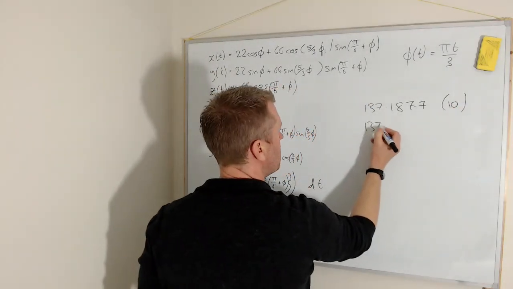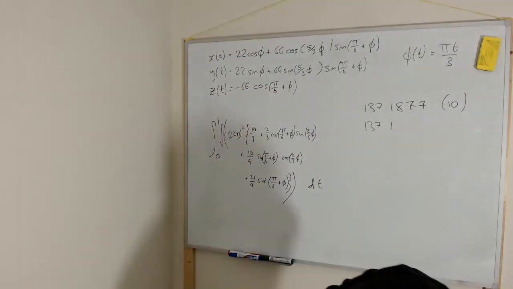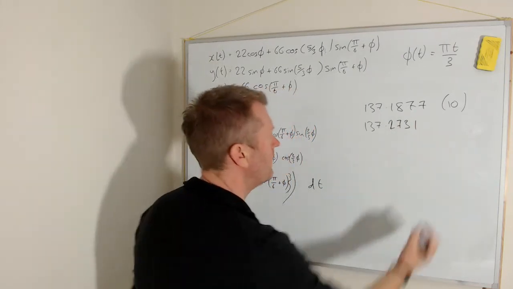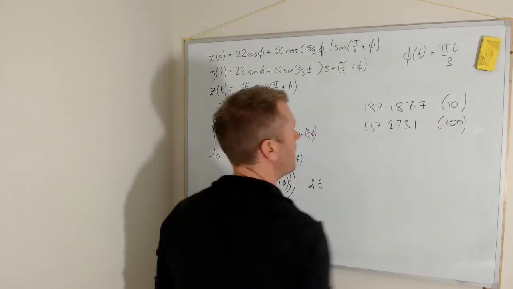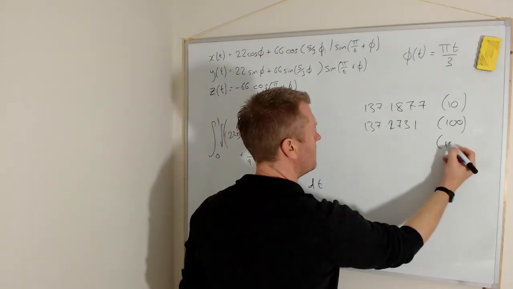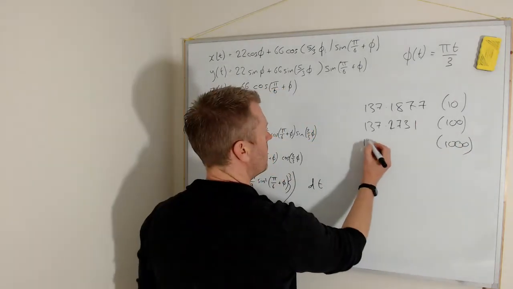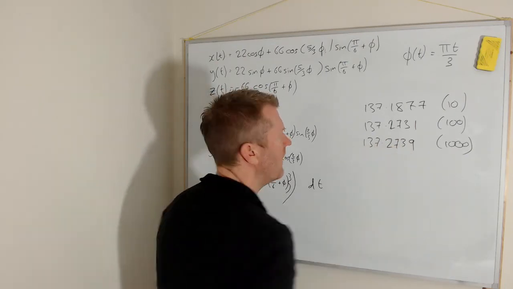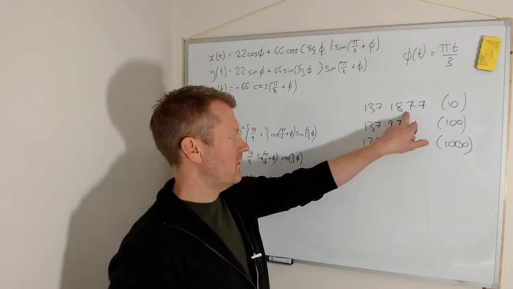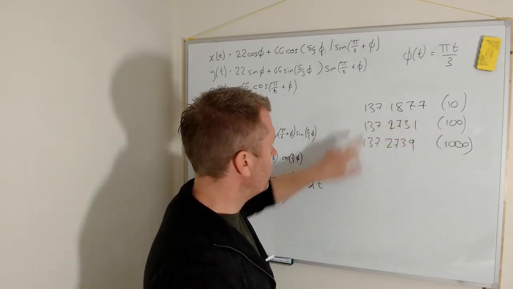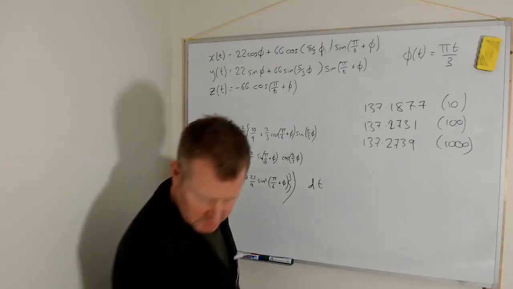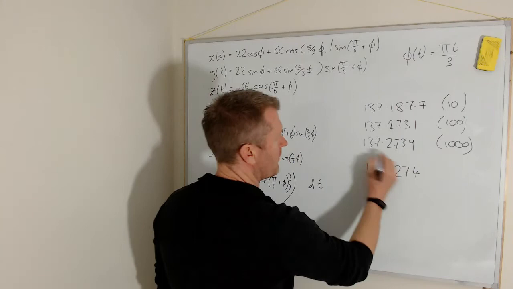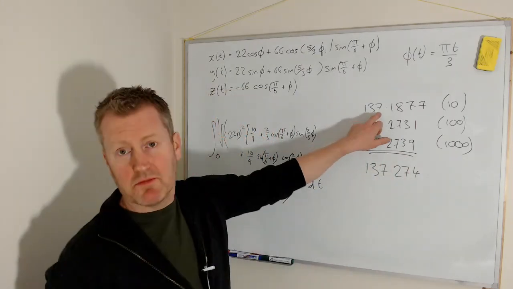With 100 trapezia, you get 137.273. With 1,000 trapezia, you get 137.2739. So yeah, this is accurate enough for our needs. Wolfram Alpha, if you put it in, will give you a value of 137.274. So we were close enough with this, to be honest.